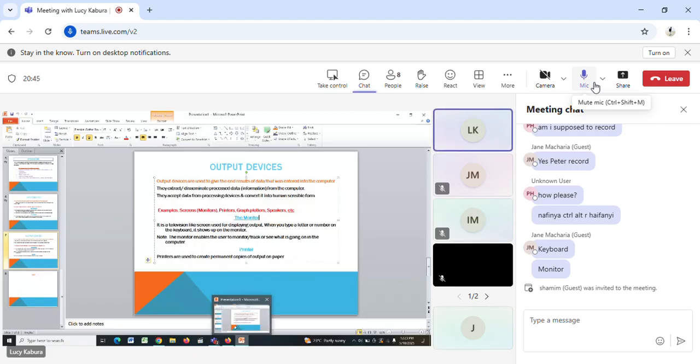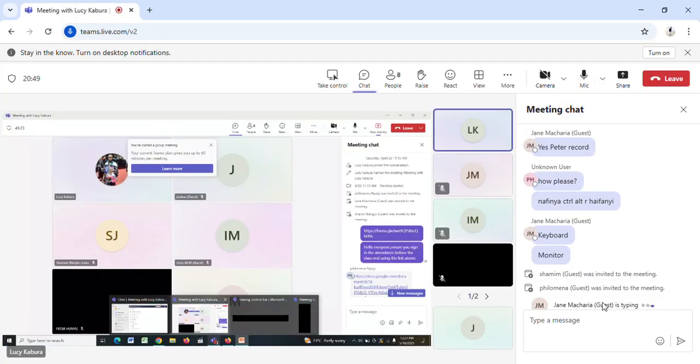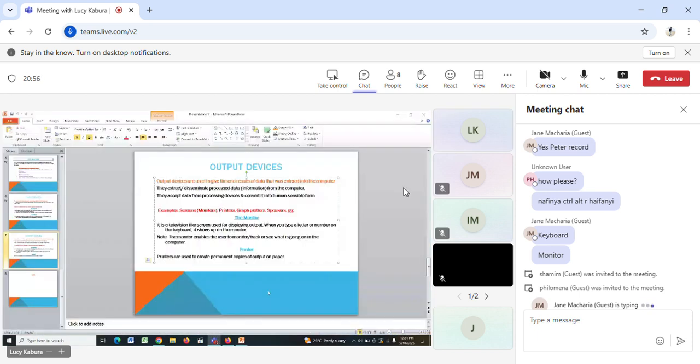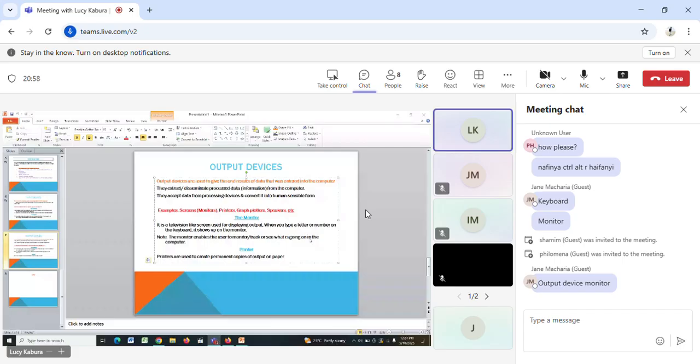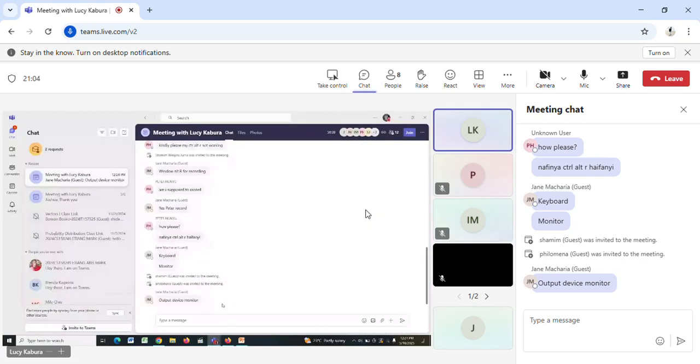Projector. Projector, that's nice. Another one. Speakers. Speaker. That's nice.